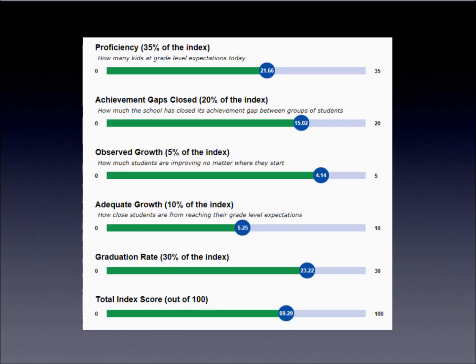Only 5% of the points on this particular school's scale come from novices moving up to partial mastery under that observed growth. And the achievement gap, the progress that students make if they're in some sort of a subgroup that's performing lower than the overall school, is another 20 points.